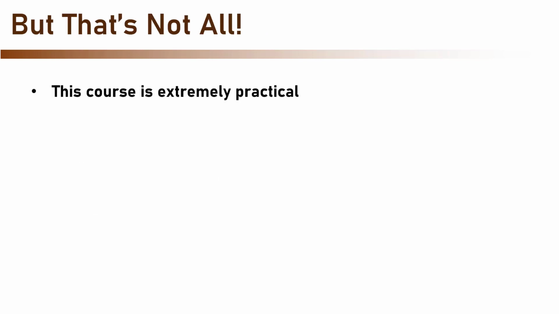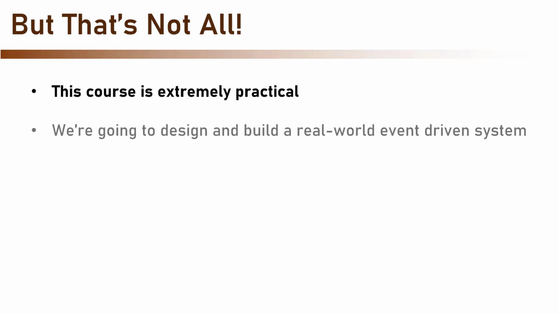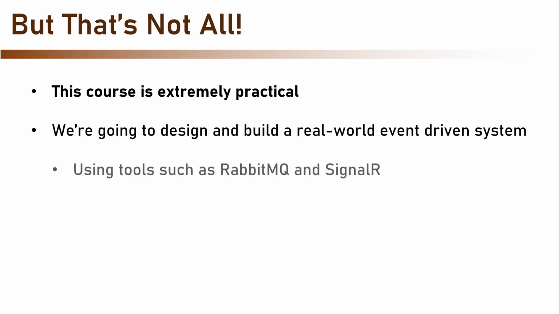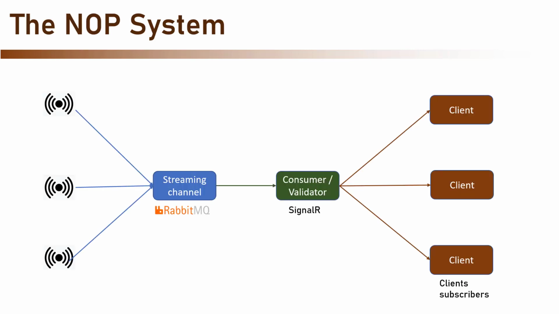I designed this course to be an extremely practical one, and that means that we are going to design and build a real-world, fully functional event-driven system, and we will do that using tools such as RabbitMQ and SignalR. This is how the system is going to look like, and don't worry, we will go thoroughly through all its components and steps together once we are in the case study section.